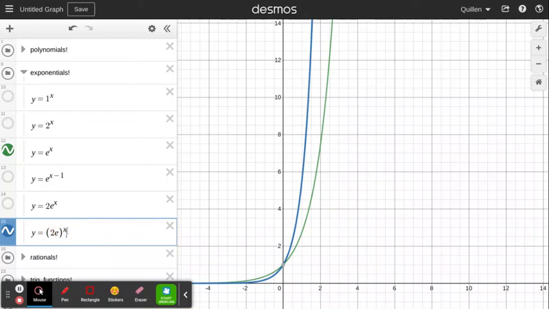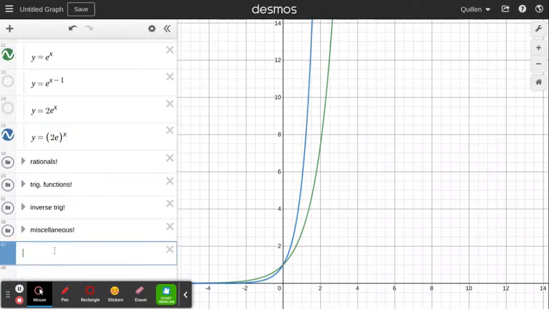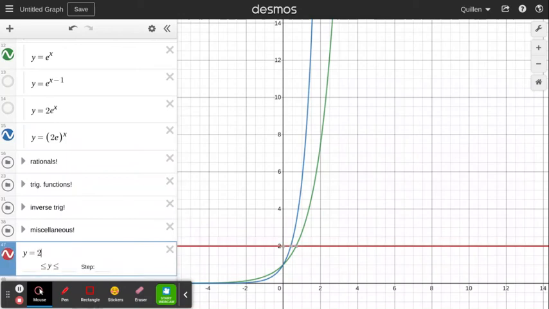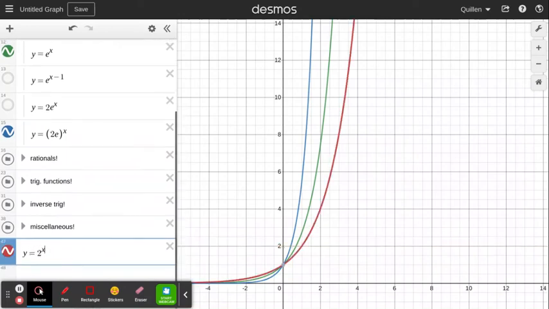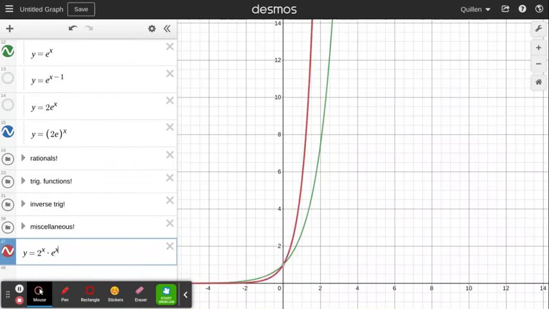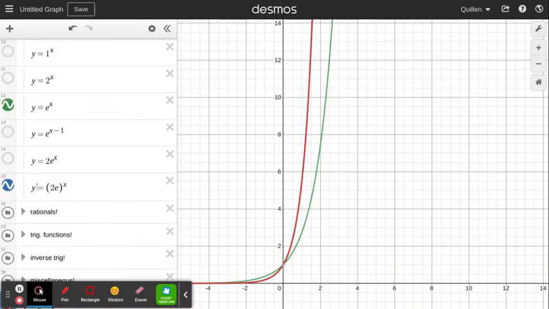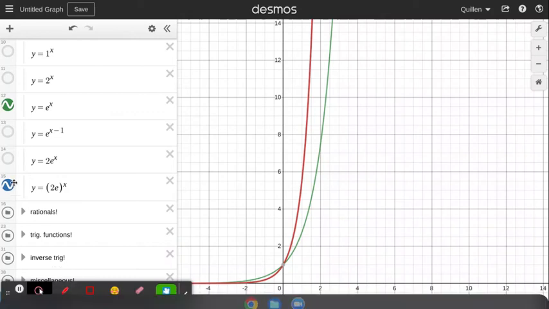Another way to represent this is the function y equals 2 to the x times e to the x. And you'll notice that if I take away the red line, it does exactly follow that blue line. So you're multiplying two functions together to get this. And that's why it doesn't exactly give you what you might expect.